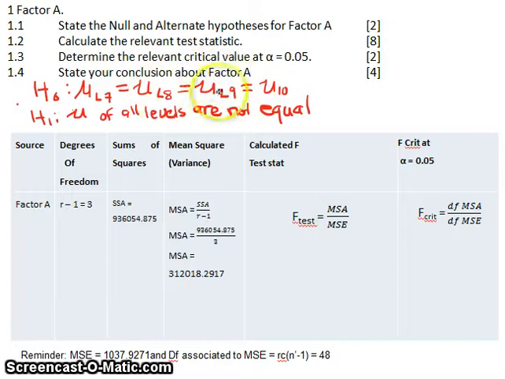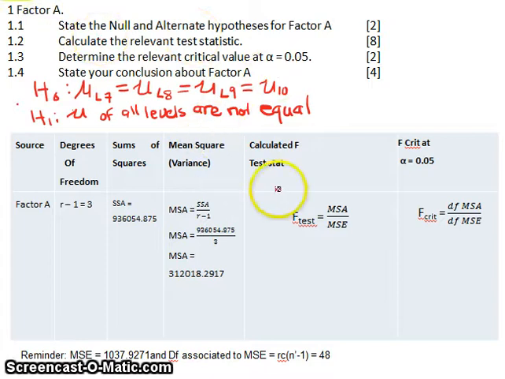But we don't know that because we're not testing that. So in my opinion, this is a better way to state it. But in many, many textbooks, I have seen them express the alternate hypothesis with a not equal to sign between each of the groups. So that would be the answer to question 1.1.